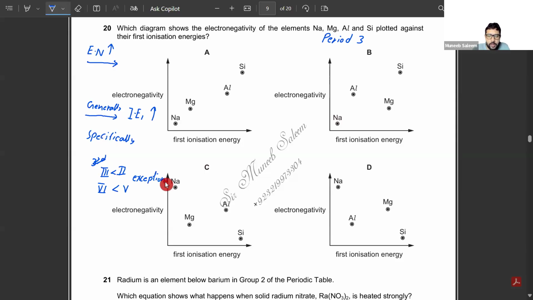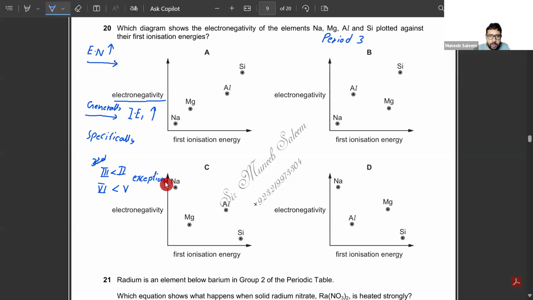So first let's look at option C, which says the electronegativity is increasing, not in that order, because the y-axis indicates the electronegativity, so it should be increasing across a period.